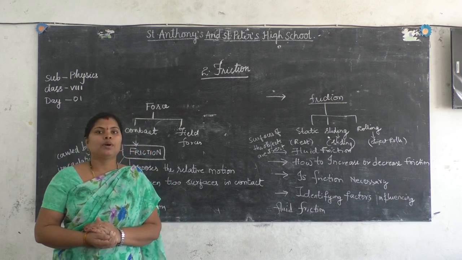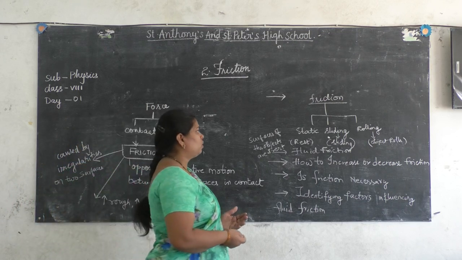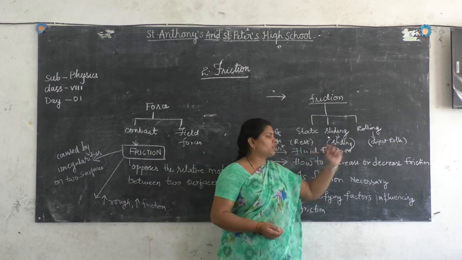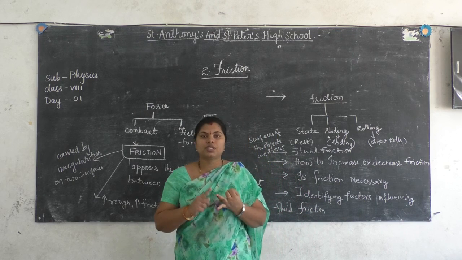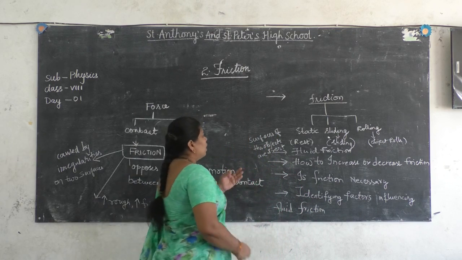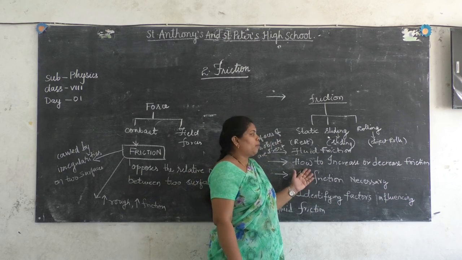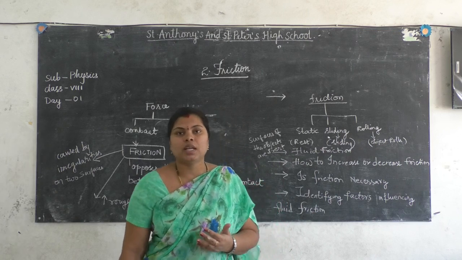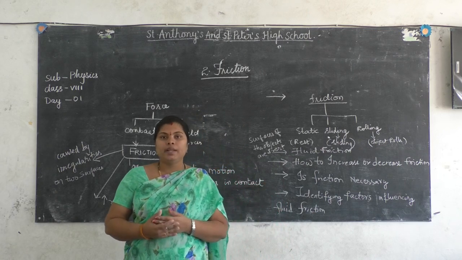In this chapter, we will be studying what friction is and the 3 types of friction: static friction, sliding friction and rolling friction. And we will also study how friction is necessary or helpful in our daily life.